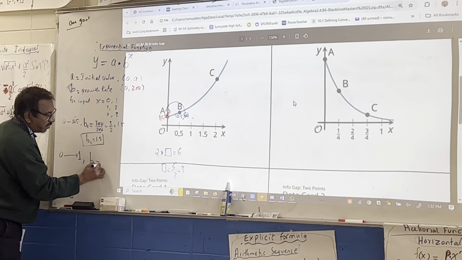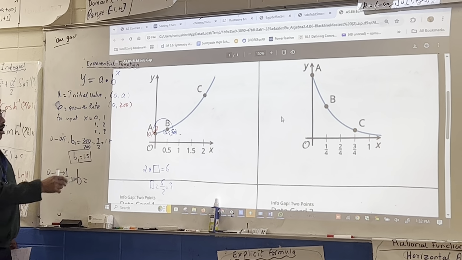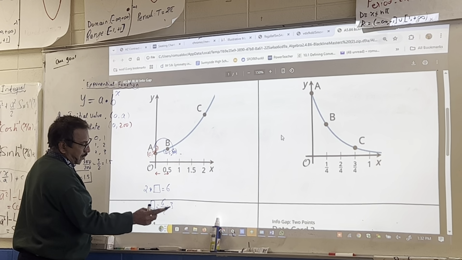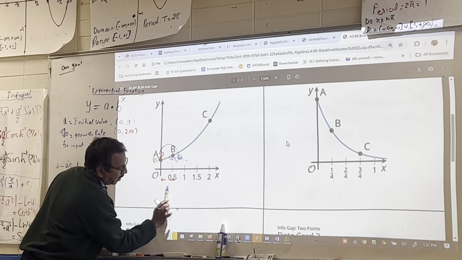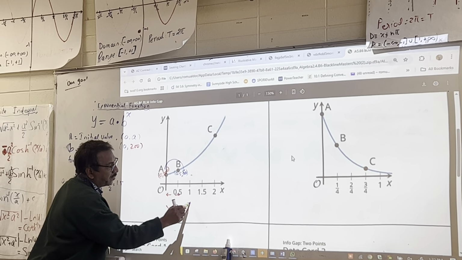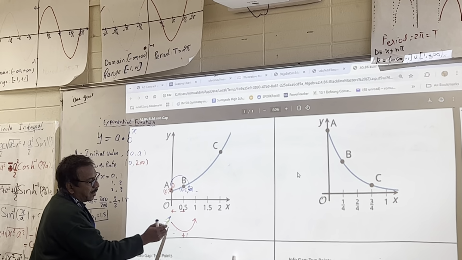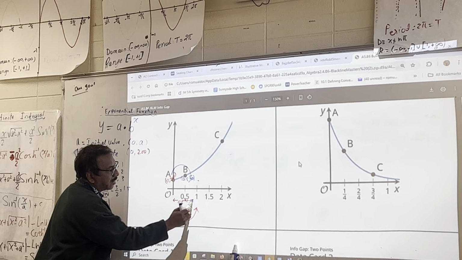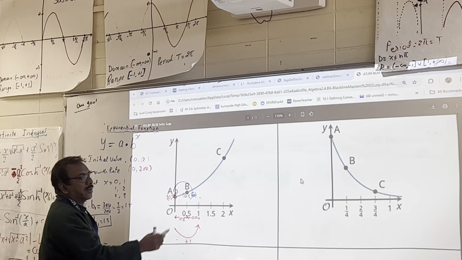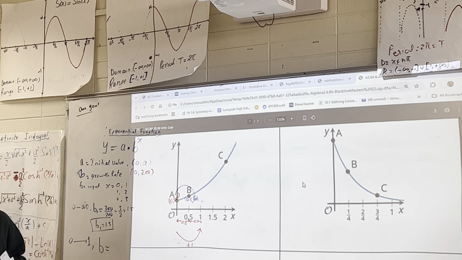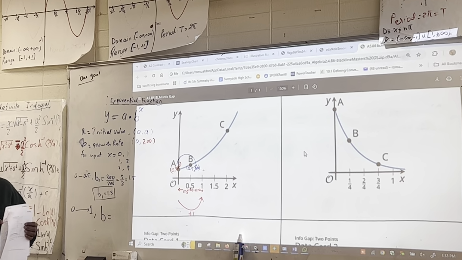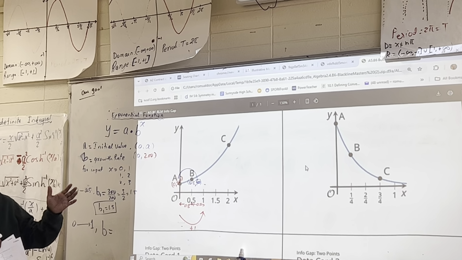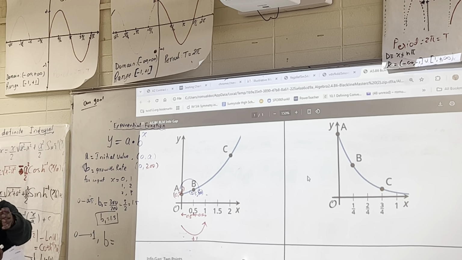From 0 to half, if the input increases by 1, in between there are 2 halves, the 2 increments of half. For one increment, there are 2 halves, half, and another half.